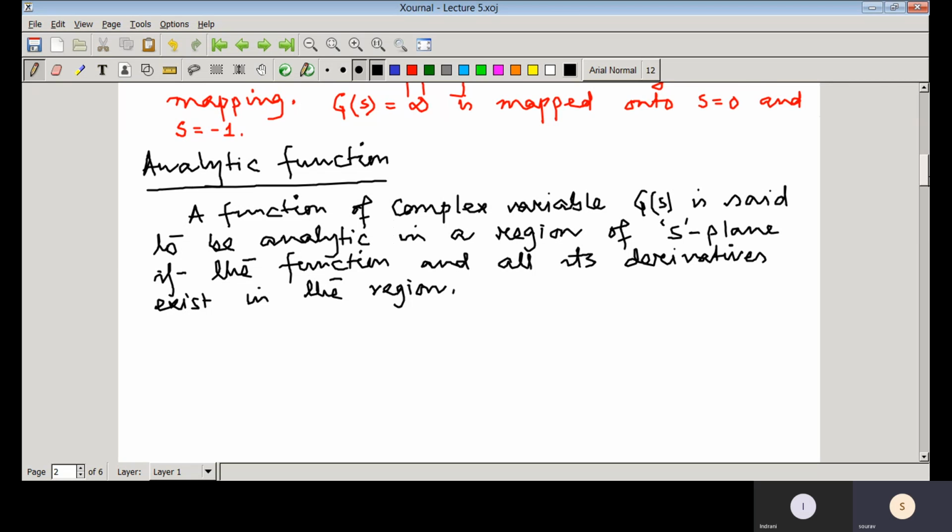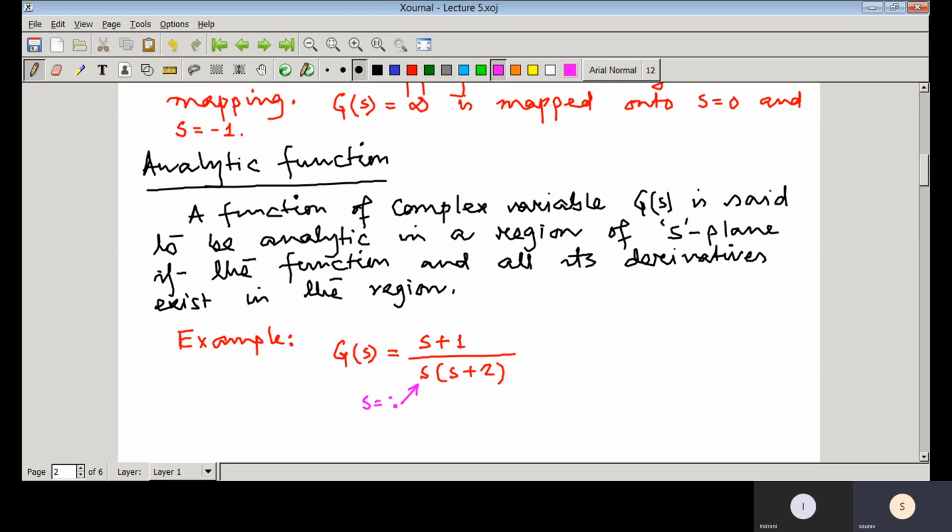So let us see one example. Suppose GS is a function, where S is that complex variable. So here we can see this function would be infinite if you put s equal to 0.